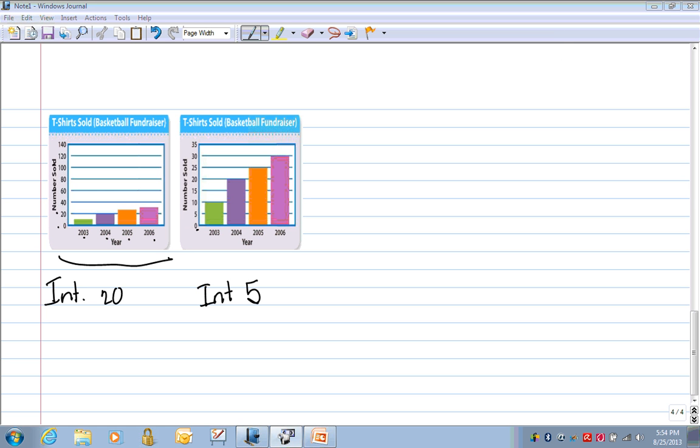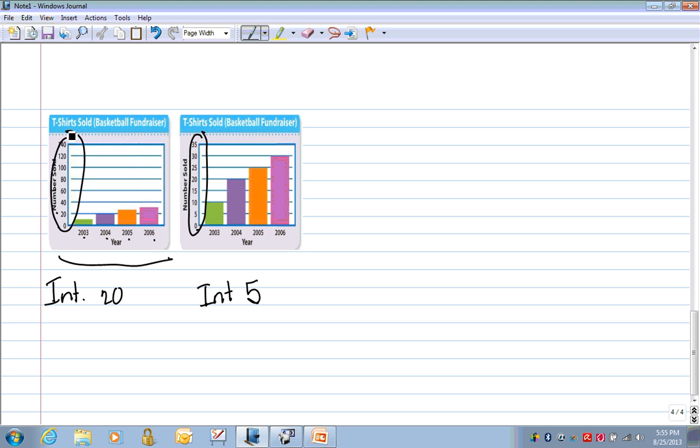Okay, if you look at both graphs, the scale in the second graph only goes to 35. So here's our scale, and it only goes to 35. The scale in the first graph goes to 140. What does the smaller scale show?